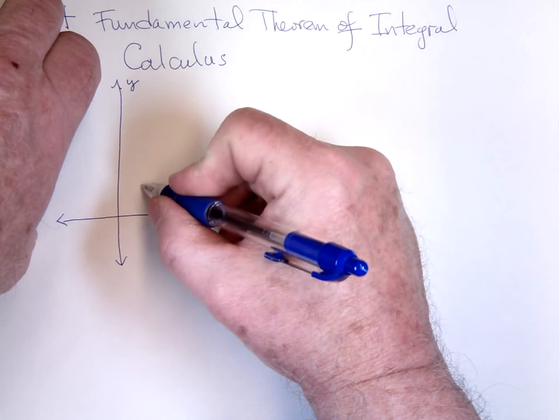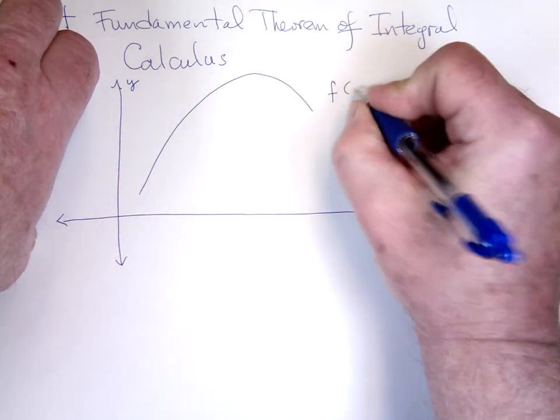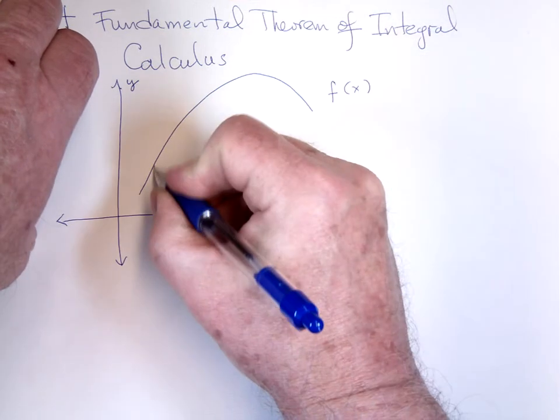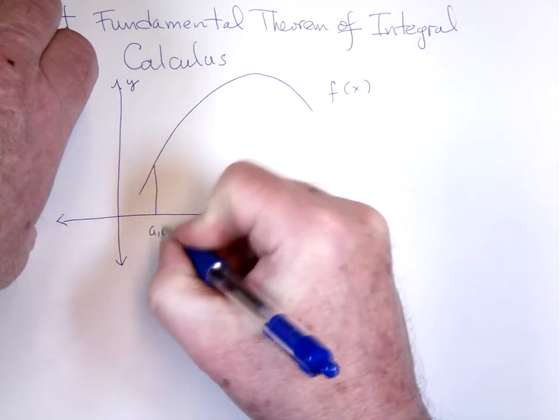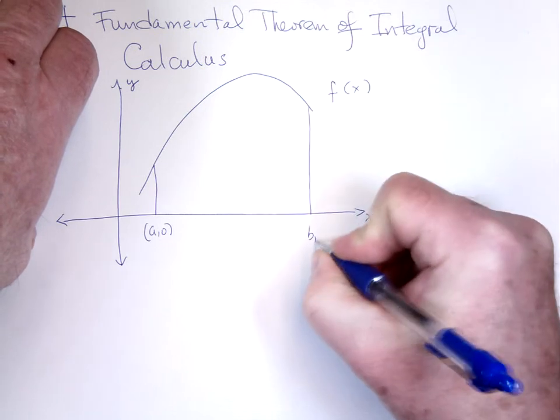Okay, here's a function. We're going from A to B, but let's first go from A to X, some x value.